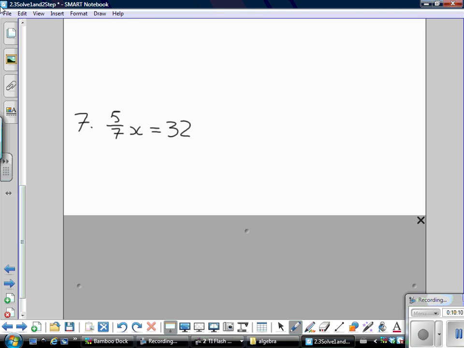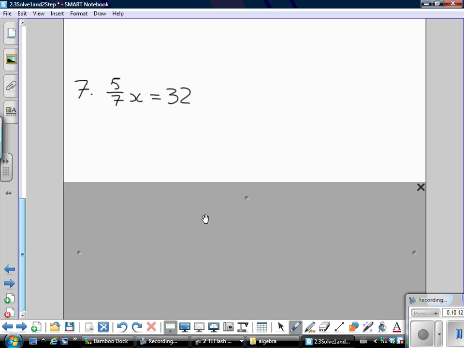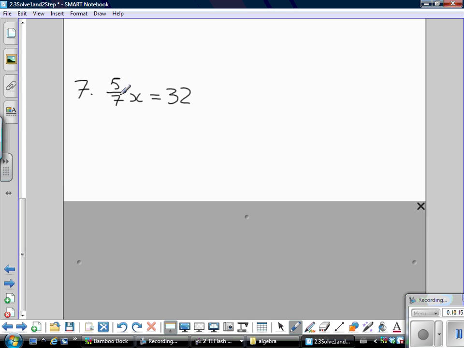5/7 x equals 32. Notice I'm doing quite a few of these because these are the ones that confuse students. Okay, what's the opposite of multiplying by 5/7? It would be multiplying by 7/5, because it would be the same as dividing by 5/7. So do that to both sides. And when I do that, I'm left with 1x equals, and I have quite a mess here.